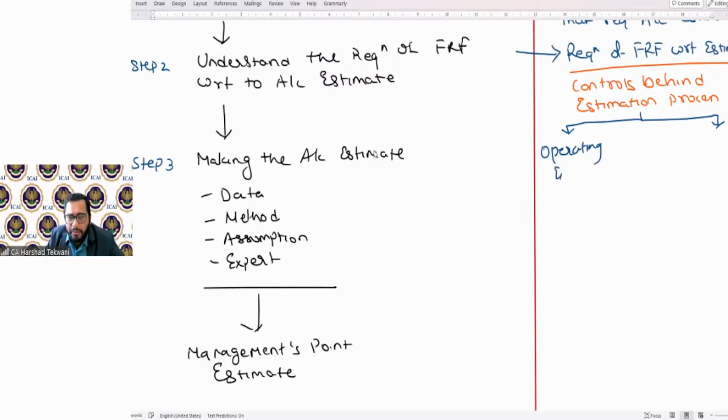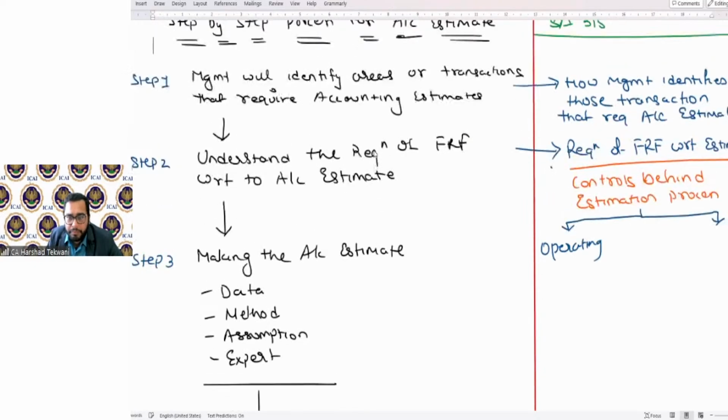Operating effectively and design appropriately.